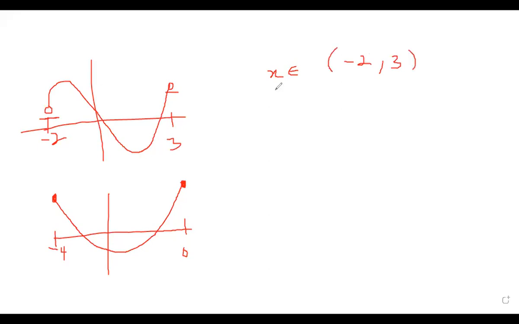Then in the set builder notation form, we are going to write x, such that x belongs to real numbers, starting from what? -2 is less than x, meaning -2 is not part of x. And less than what? 3.